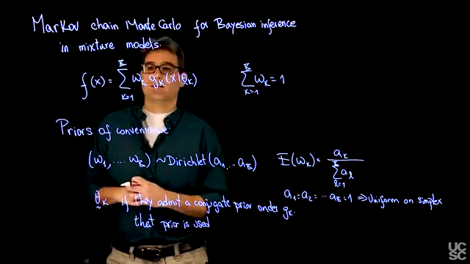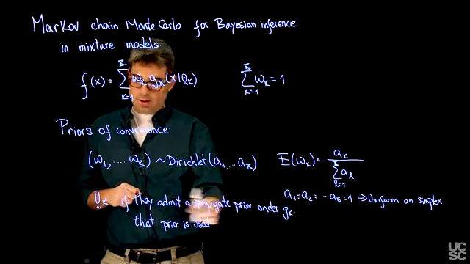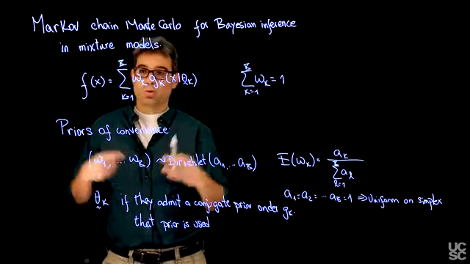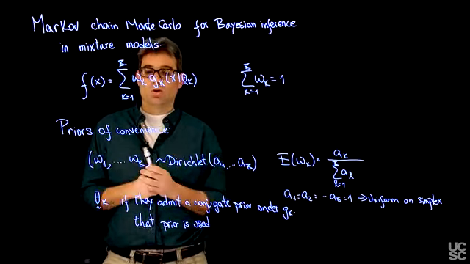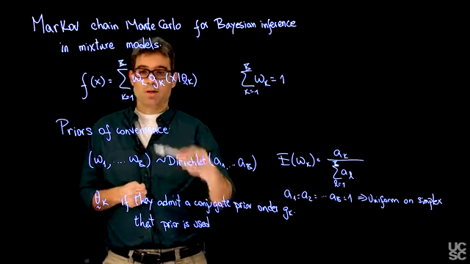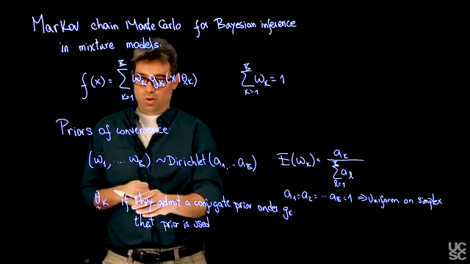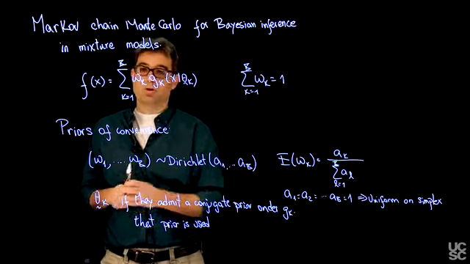And the reason for that is that even though for the full mixture, this conjugate prior under G sub k won't be conjugate for the full model, it will be conditionally conjugate under our sampling scheme that we will derive in a minute. So it will make computation for the parameters theta k much simpler if we can find that conjugate prior under theta k.